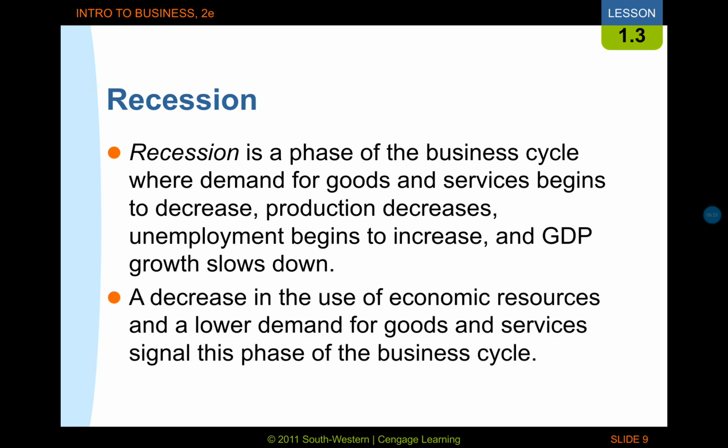A decrease in the use of economic resources and a lower demand for goods and services signal this phase of the business cycle. So like I said, everything has an effect on each other. If our demand's going down, our production's slowing down, unemployment is increasing, it's going to cause our GDP growth to slow down.